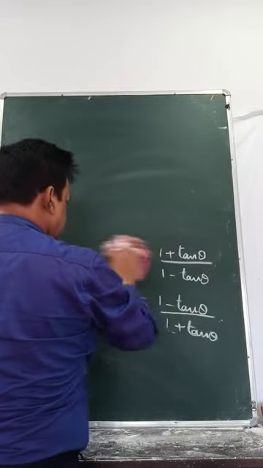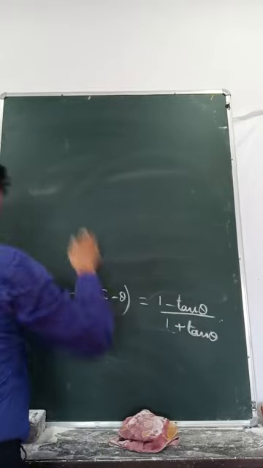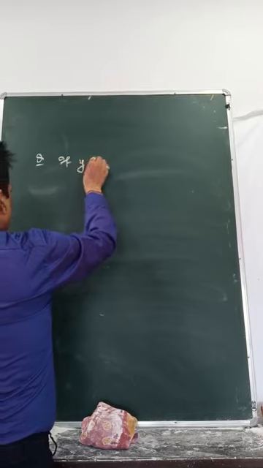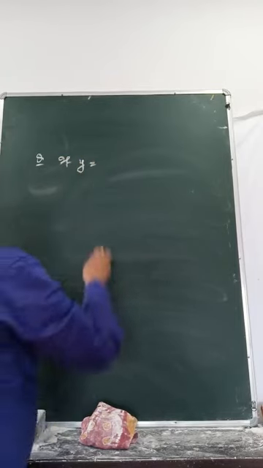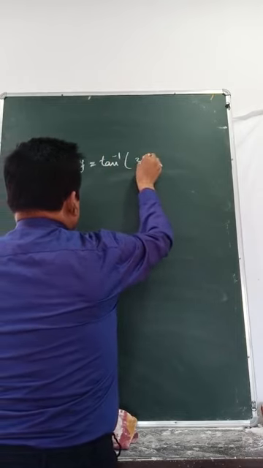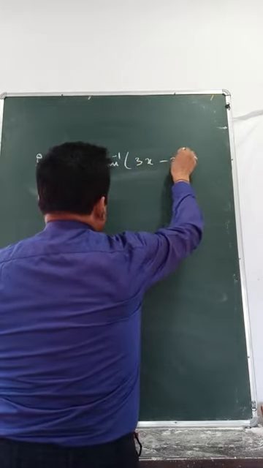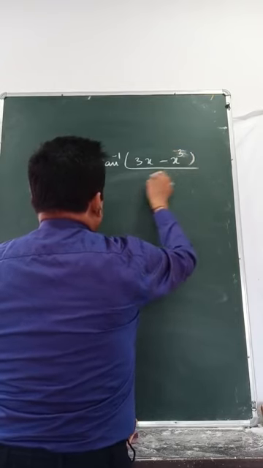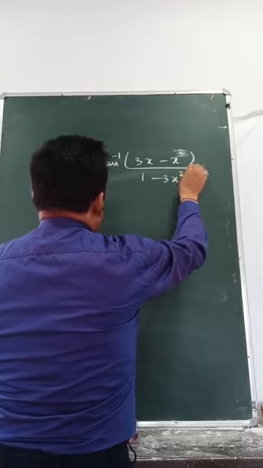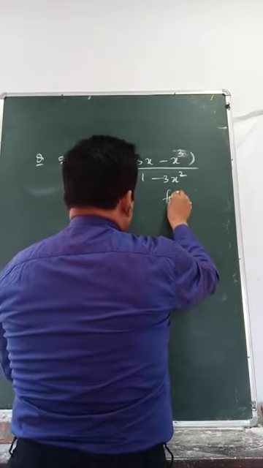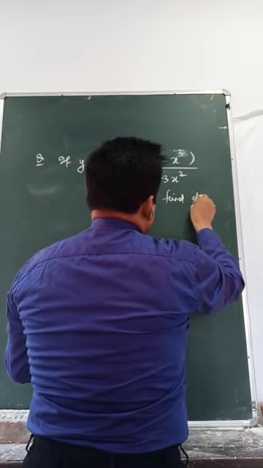See a question on this. Suppose y equals tan inverse of 3x minus x cube by 1 minus 3x square, then find dy by dx.